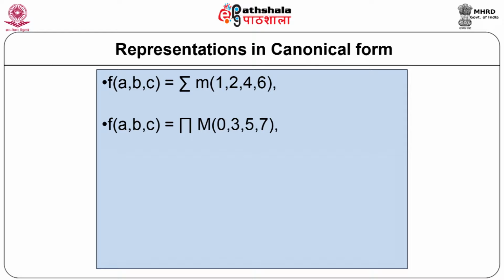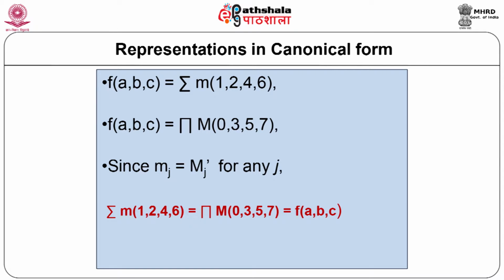This simply indicates the terms which are present in min term are absent in the equation of max term. So, we can say m is equivalent to complement of capital M, that is min terms are equivalent to complement of max terms for any value of j.